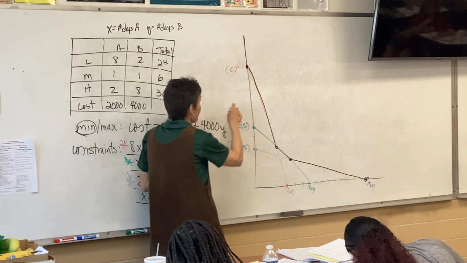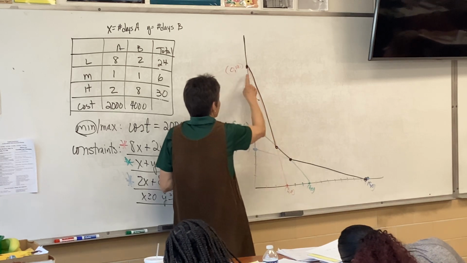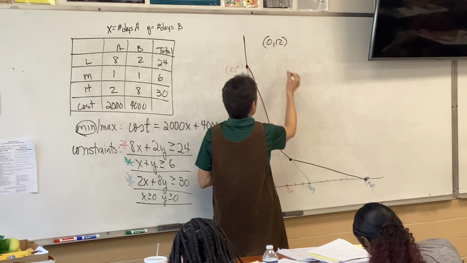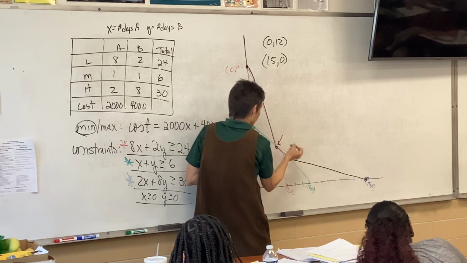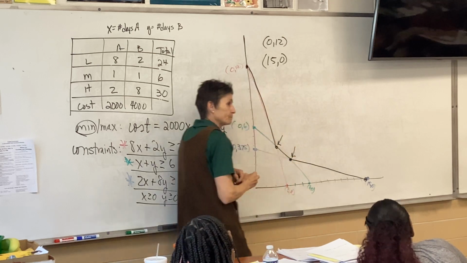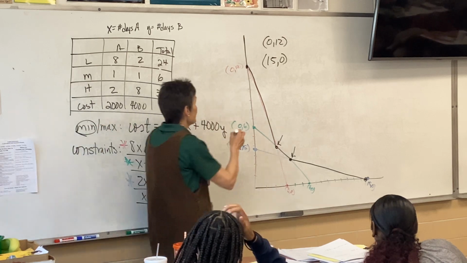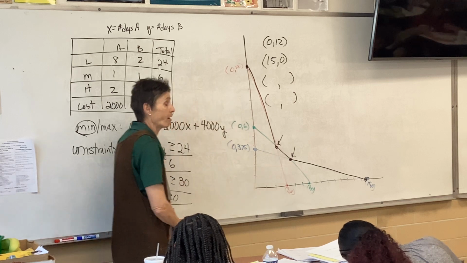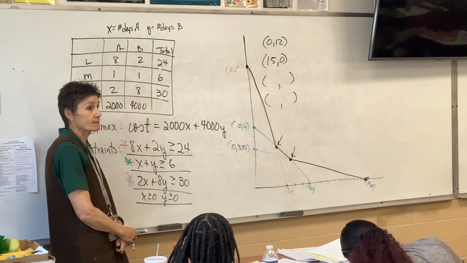So the corner points, we call them vertices, the corner points are 0, 12, and 15, 0. And then this one and this one. So those are the 4 points that I need to figure out, because the answer to the question will be one of those points.